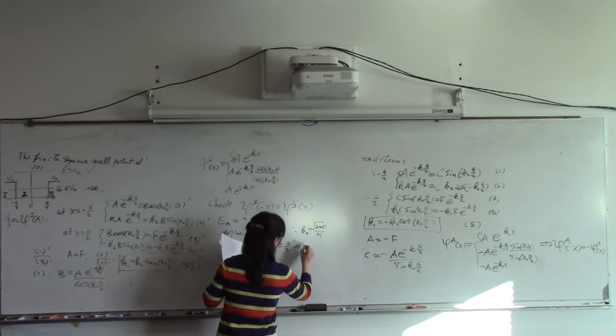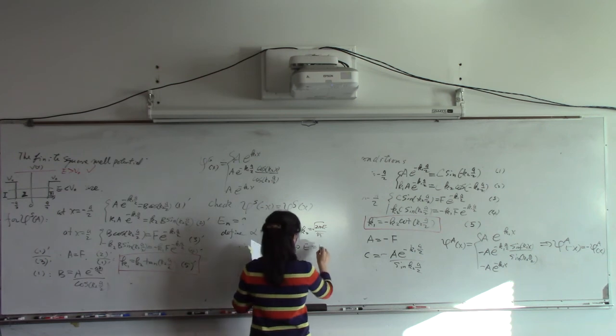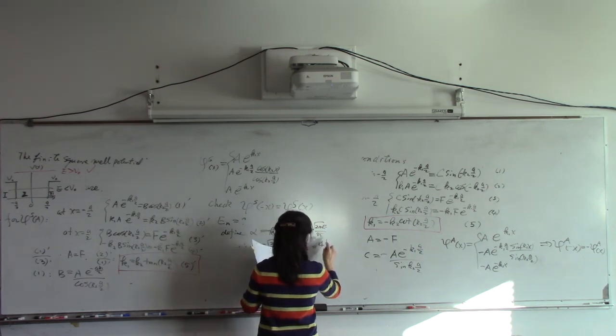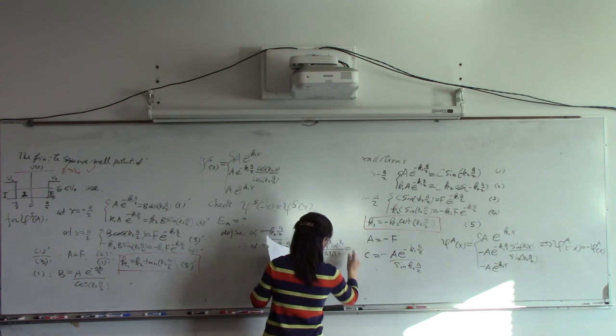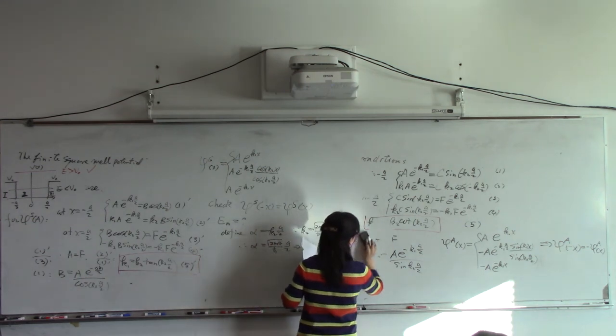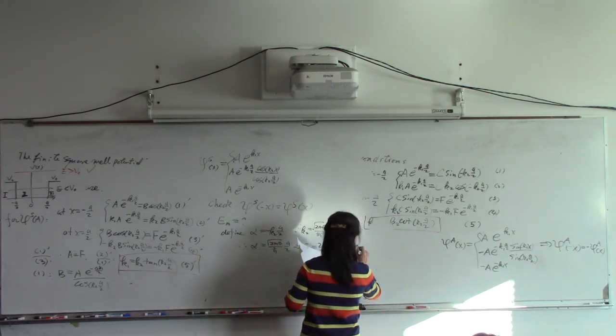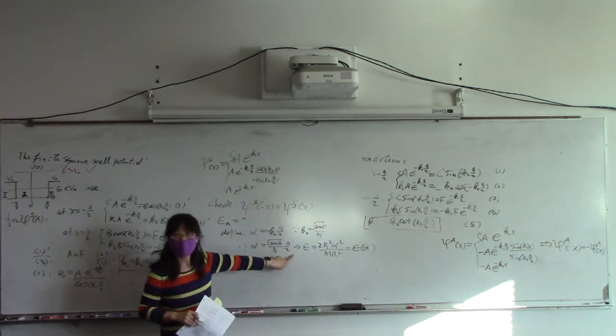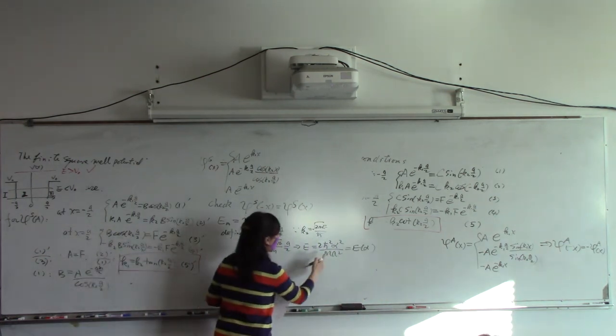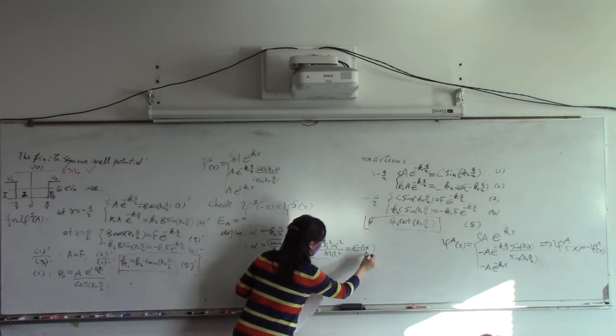So then energy is a function of, let's directly cancel the formula, 2h bar squared alpha squared over m a squared, which is a function of alpha. That means if we determine alpha, we get E. But we have not found alpha, right?